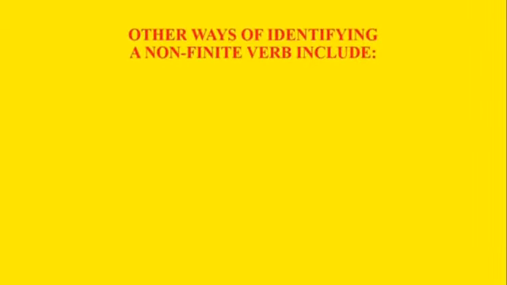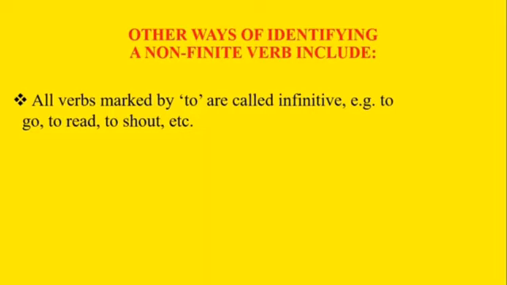What are other ways of identifying a non-finite verb? Let's see some other ways. All verbs marked by to are called infinitives. For example, to go, to read, to shout, etc. So when we see this form of verb, they are non-finite verbs.